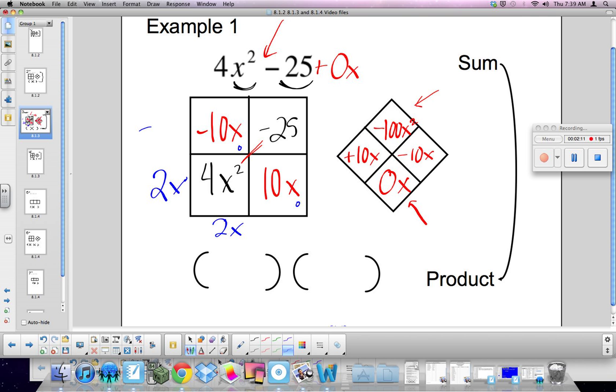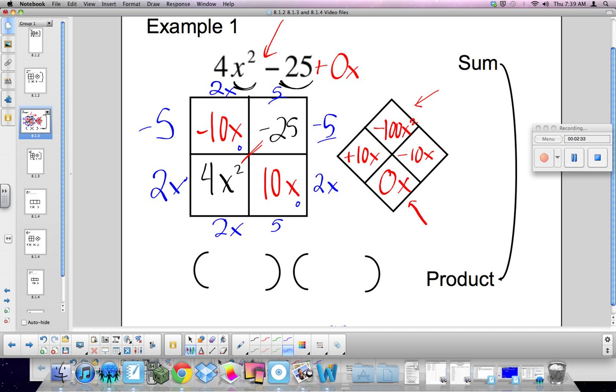Remember, you try something, if it doesn't work, you try again. So then 2x I copied across. 2x times 5 will make 10x. Copied across. And let's see, copy this one up, 2x. 2x times negative 5 will make negative 10x. Copy it across, and I make sure that negative 25 gives me that corner.